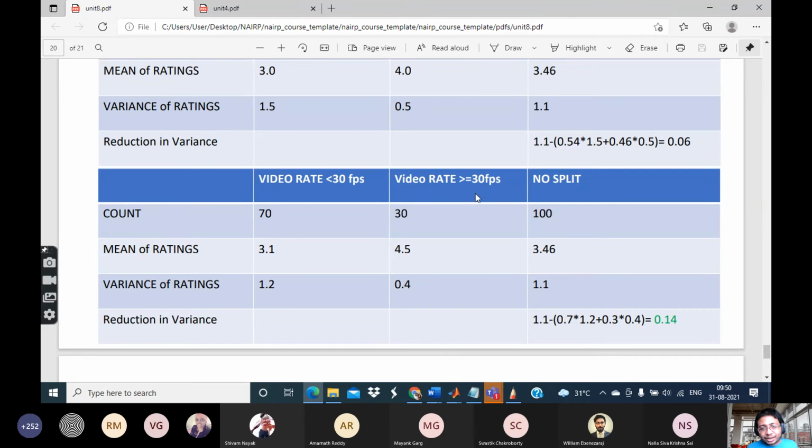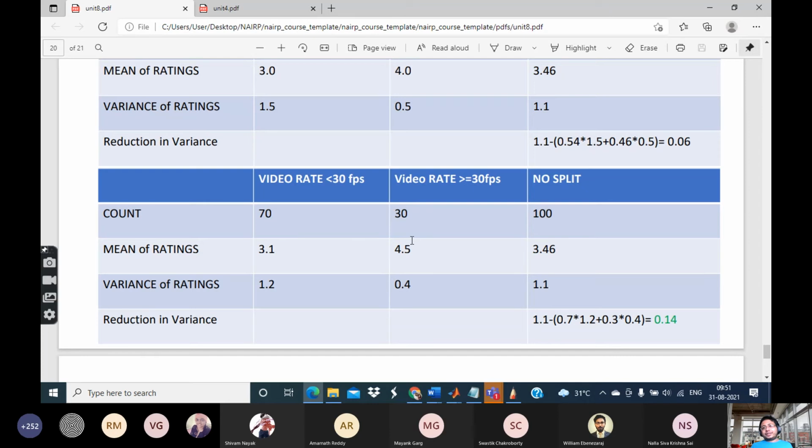But for those cases where the frame rate is above 30, we see that the mean rating is much higher, around 4.5, and the variance is also quite small, which is 0.4. That basically tells us that if the video rate is high, then most likely the camera will get a high rating. The mean is quite high, 4.5, and the variance is also quite low. That means all the values are roughly around 4.5 only, give or take a few.